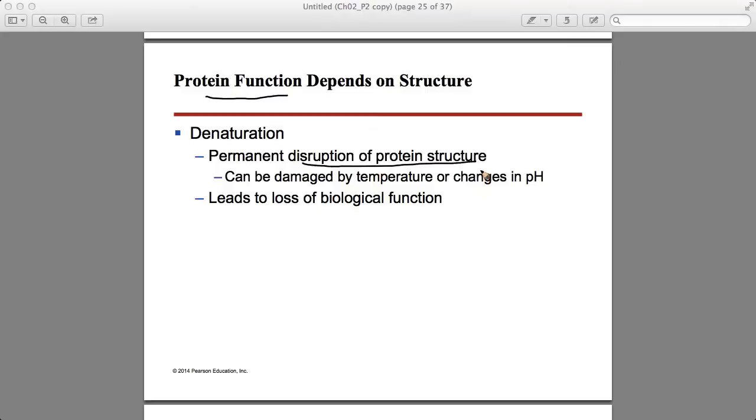And when that happens, we say that we've denatured the protein. So the process of denaturation breaks up that very orderly structure that we just talked about. So temperature and changes in pH are very important in causing denaturation of proteins. And basically this is what cooking does to proteins.